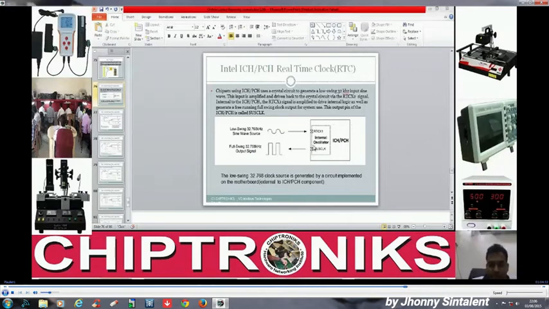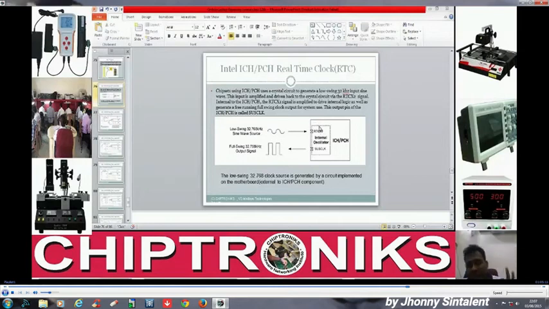The main use of this RTC section is to keep track of the time of day, and it also maintains system data, storing the system data when the system is down. So, what is RTC?